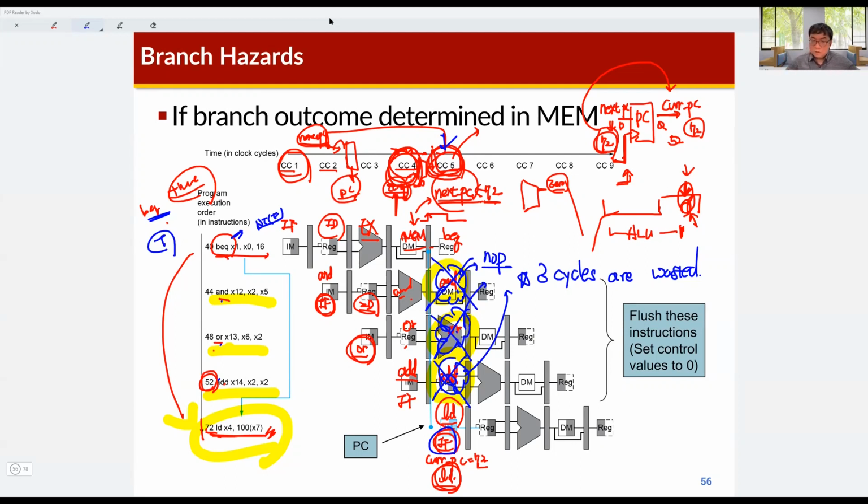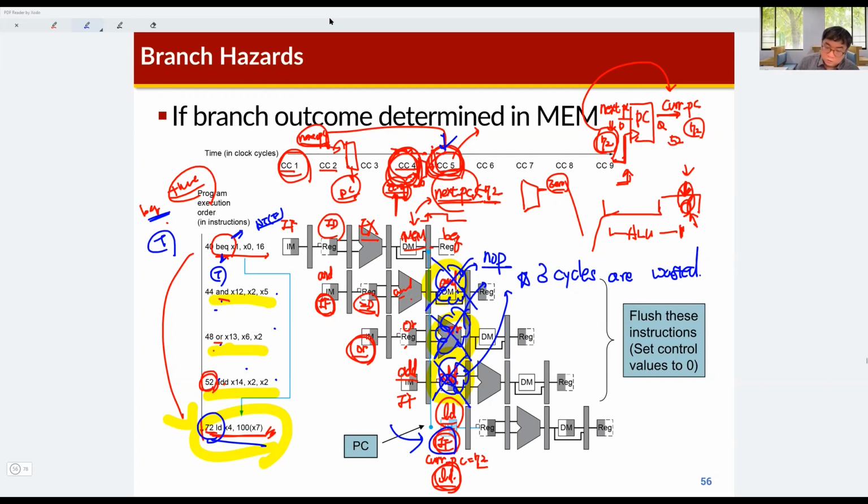And what's the problem? The result of this branch instruction is true. So that means the condition is true. And then because the condition of the branch instruction is true, we need to cancel these 3 instructions in the pipeline processor. And the target of the branch instruction is updated to this processor very late.